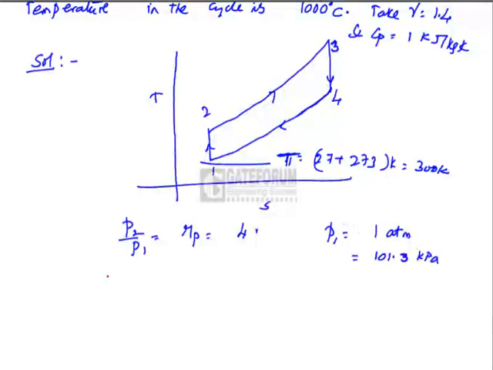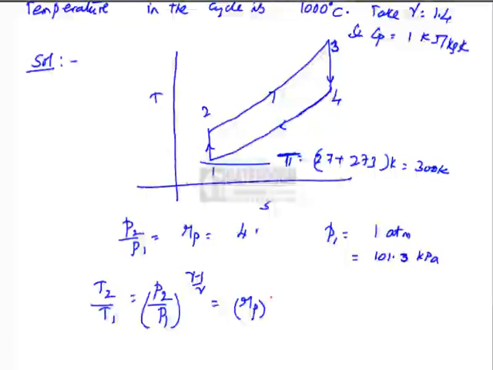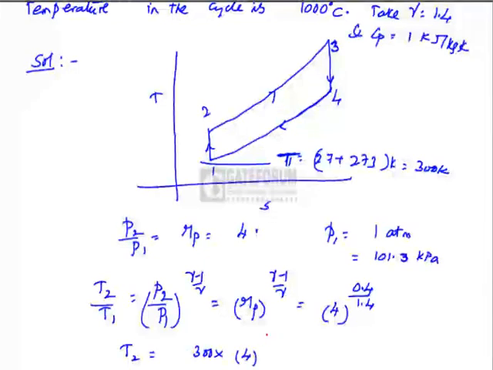Now let us calculate what is T2. T2 by T1 is equal to P2 by P1 whole power gamma minus 1 by gamma, that is equal to Rp to the power of gamma minus 1 by gamma, that is 4 to the power of 0.4 divided by 1.4, from which the temperature of the air leaving the compressor is obtained as T1, that is 300 into 4 to the power of 0.4 divided by 1.4.